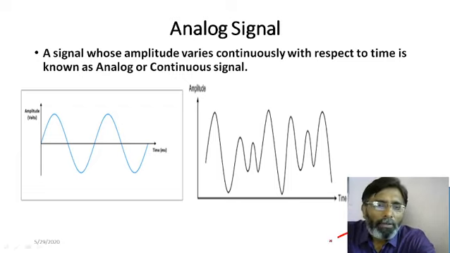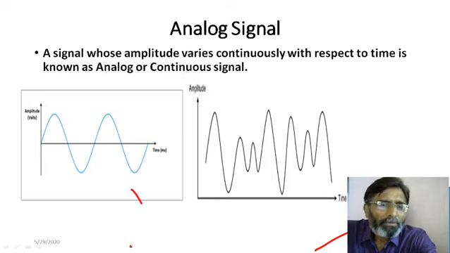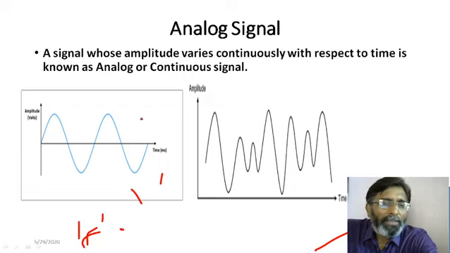You can see this is one signal which is a sine wave, and this is a complex signal which basically contains multiple sine and cosine waves.